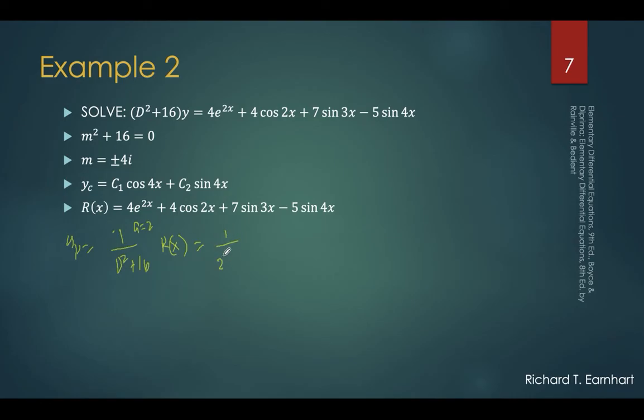So this is 2 squared plus 16. Okay, so this is more direct. And then multiply by 4. And then for cosine, a here is 2 also.